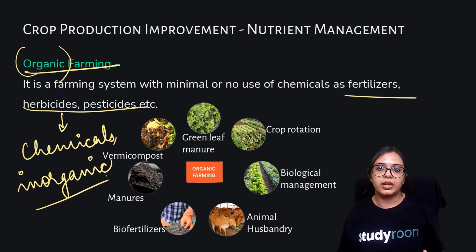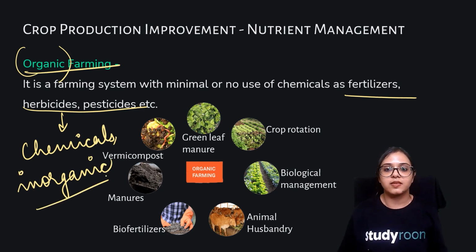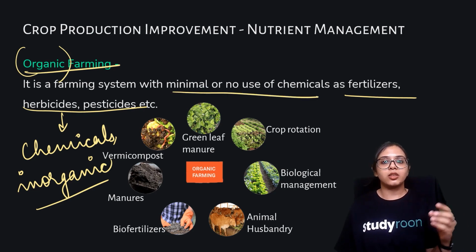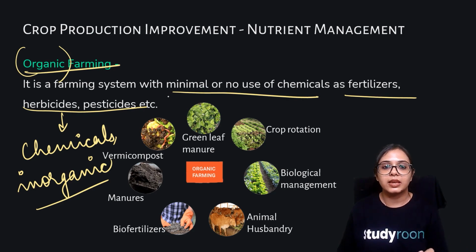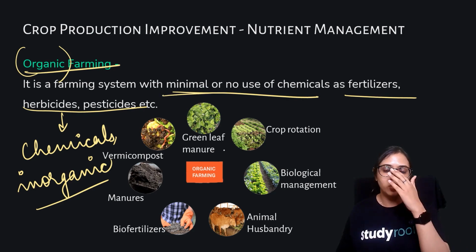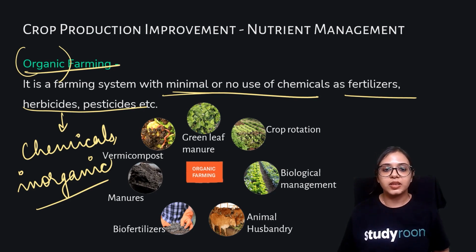So those farming techniques only employ organic substances, with minimal or no use of chemicals as fertilizers, herbicides, and pesticides. There may be some use, but that use is almost negligible, so we say it is being used minimally.